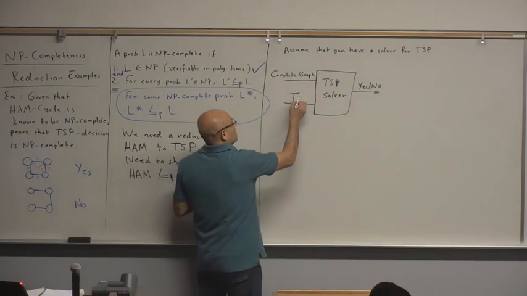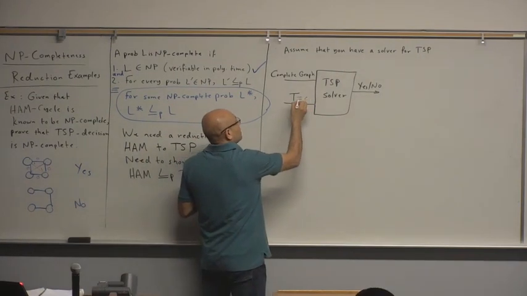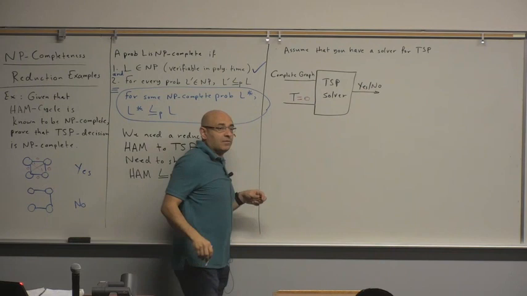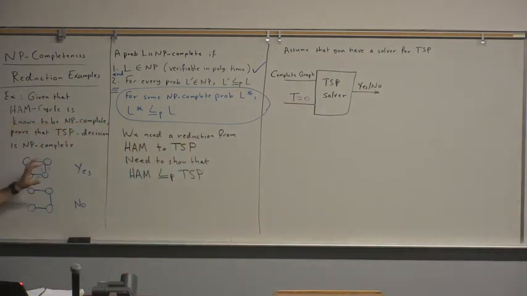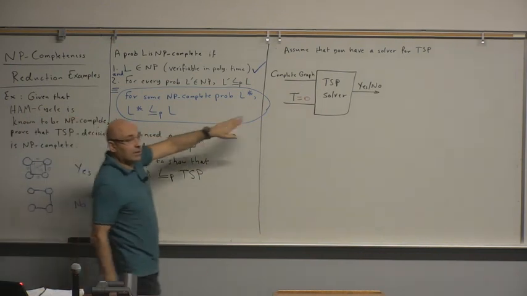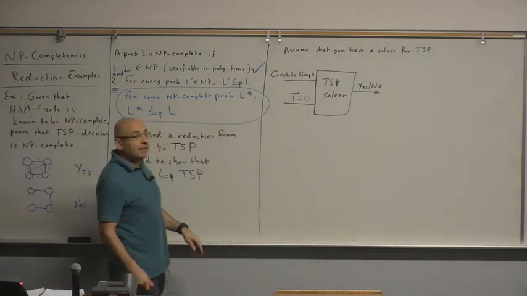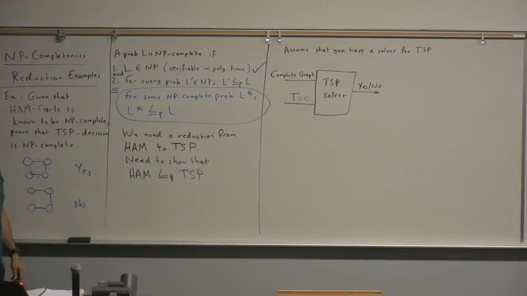0. Yeah. So now, if I input this graph to the traveling salesman solver, and give it a target of 0, I'm asking it to find a simple cycle that visits all vertices, but with cost equal to 0 or less. So it will find a cycle with cost 0 only if it uses the original edges.